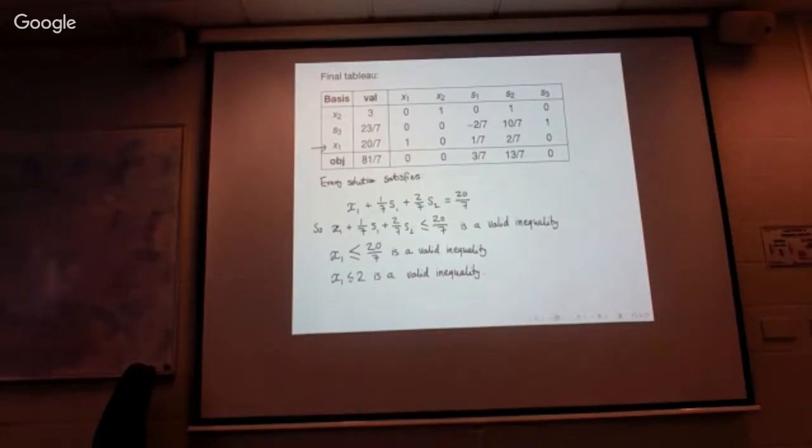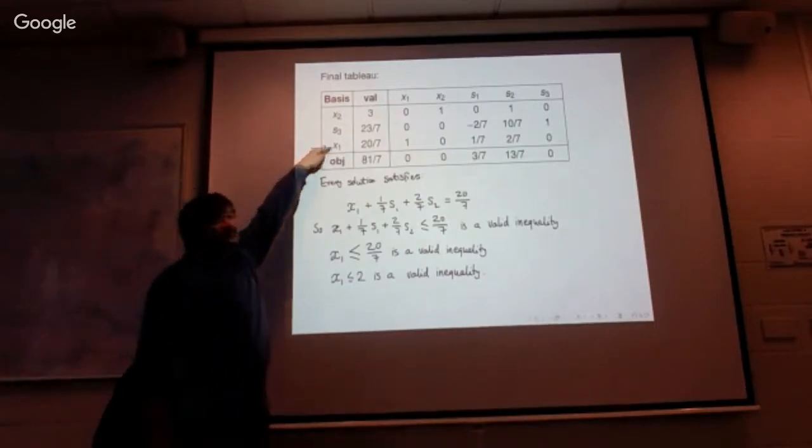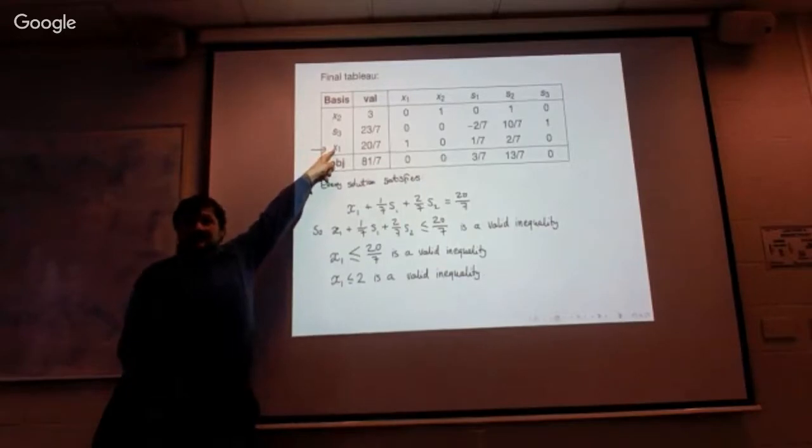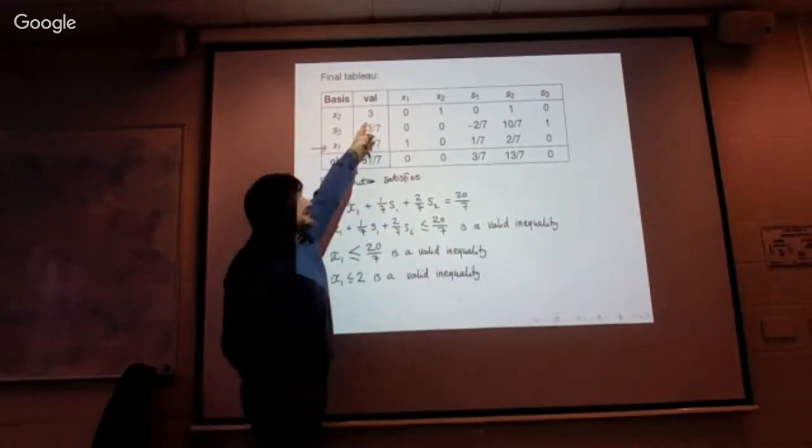When you start with a fractional row in the tableau, if you start with one that is not fractional, then you're not getting anything.